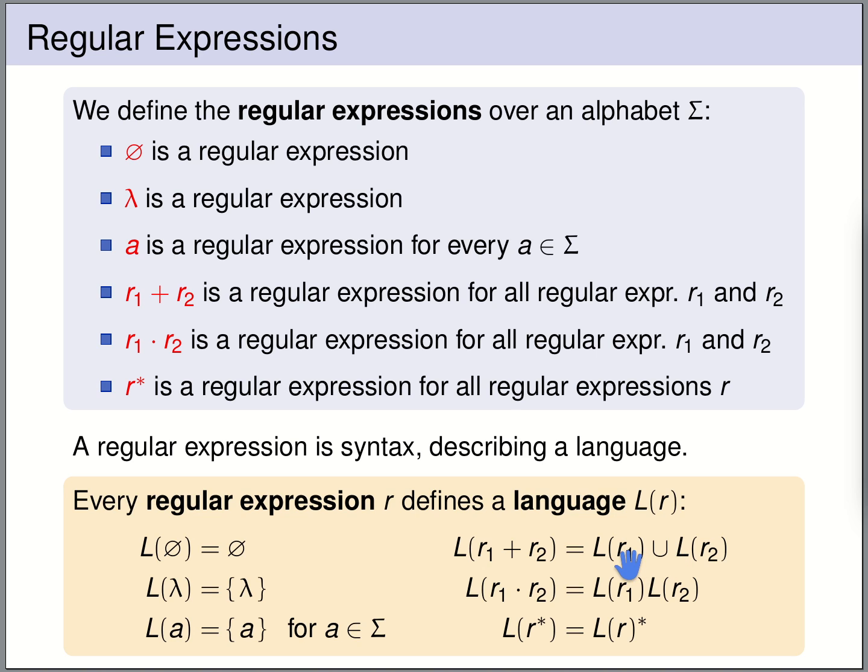And recall what this meant. It means that we concatenate every word from the first language with every word from the second language. And the language of R star is the language of R to the power star, so that's the Kleene star, meaning that we take the language of all the words that can be built from the basic building blocks in the language L of R.